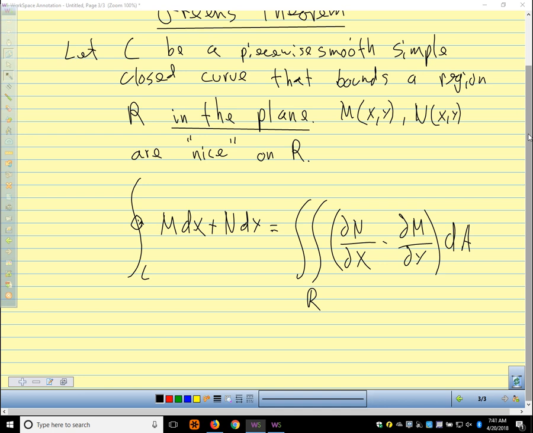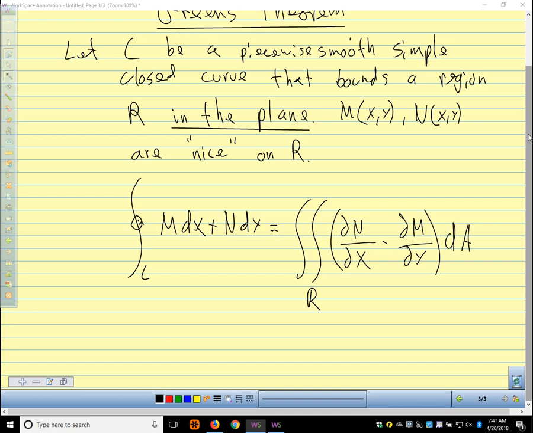So if you have some 20-sided shape and you know the vertices of this polygon, Green's theorem gives you a formula to find the area of that polygon just by knowing its vertices.